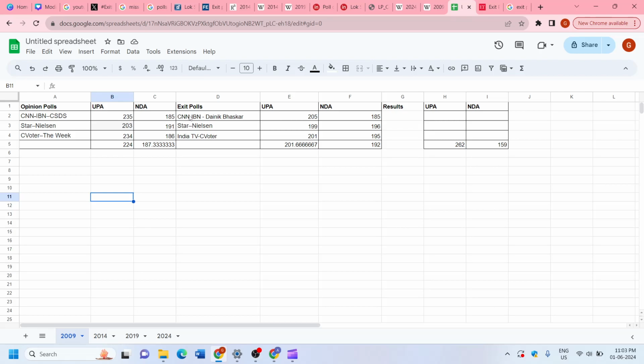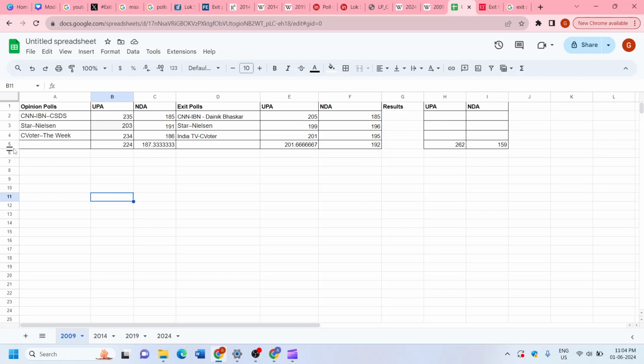And the CNN IBN Dainik Bhaskar exit poll gave 205 seats to the UPA and 185 seats to the NDA. We can see that this same company, CNN IBN, produced similar results in the exit poll as in the opinion poll, except that they reduced the UPA seat number, but kept the NDA number the same.